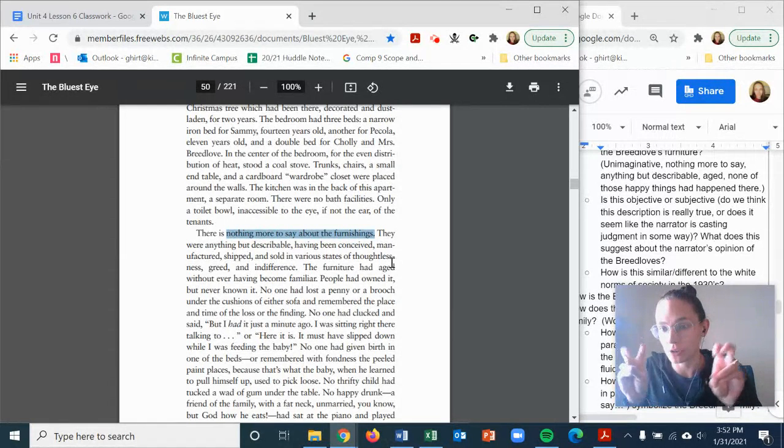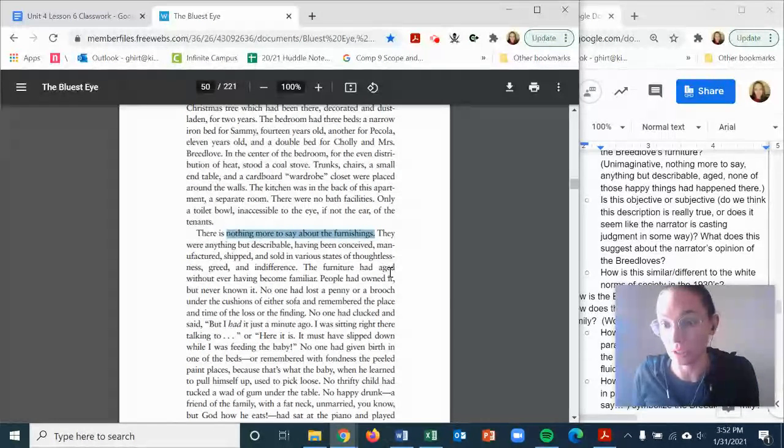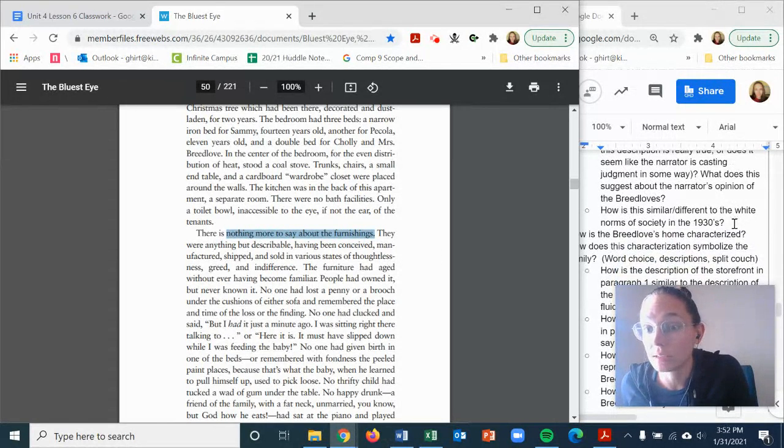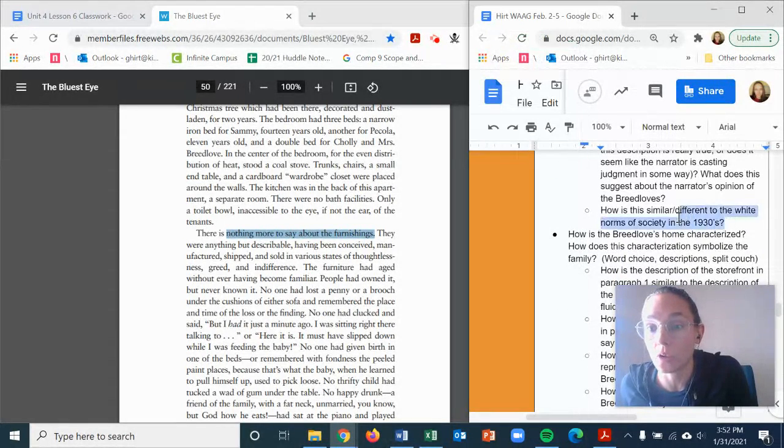Is this narrator telling the truth about what the Breedloves' home looks like, or is this narrator making a judgment in some way about this home? What does this suggest about the narrator's opinion of the Breedloves? And how is that opinion similar or different from the white norms of society in the 1930s?